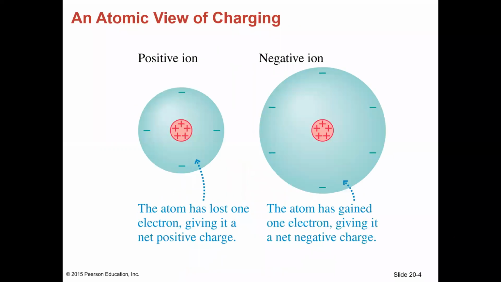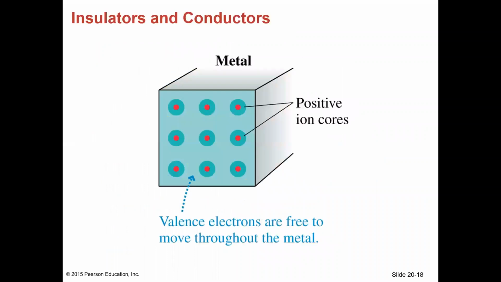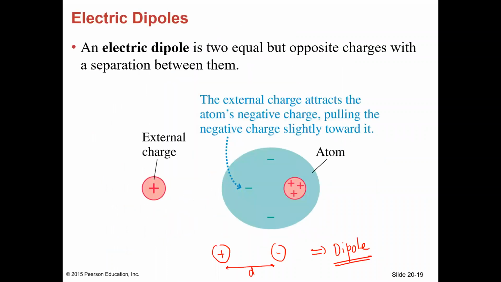But if you bring an external positive charge near the neutral atom, this external positive charge attracts all the negative charge towards it and repels all the positive charges away from it. So that's how you can create a dipole through polarization.